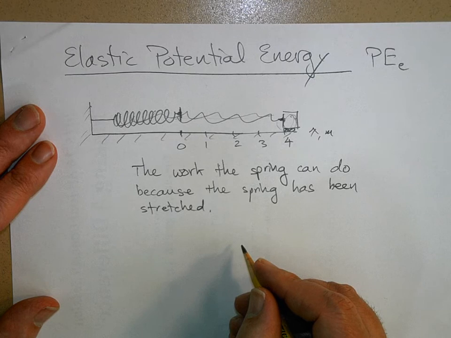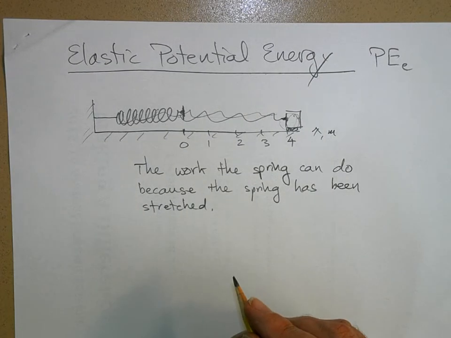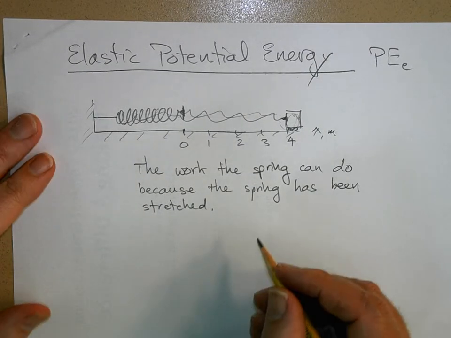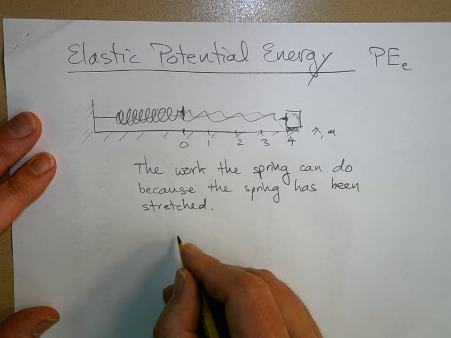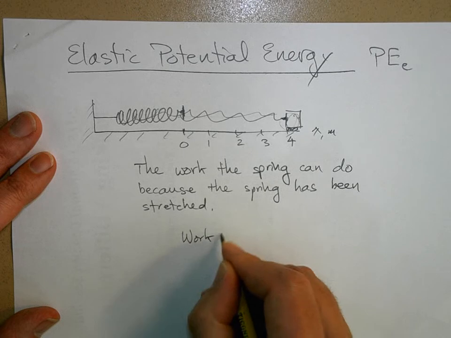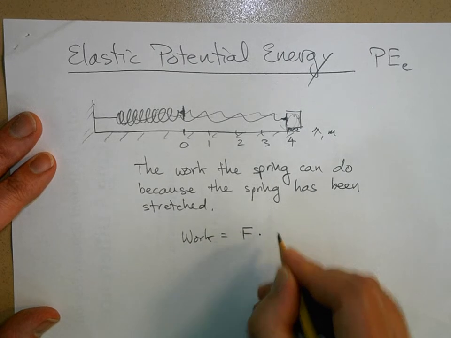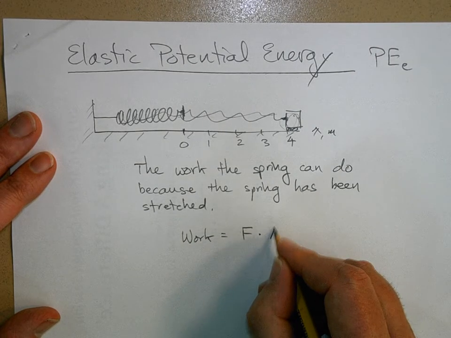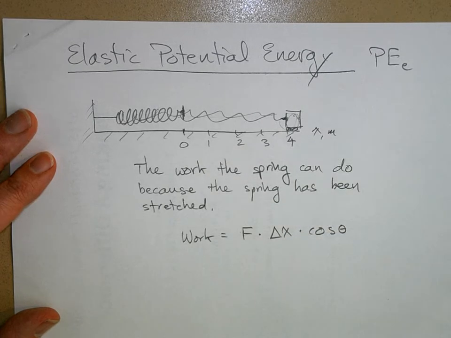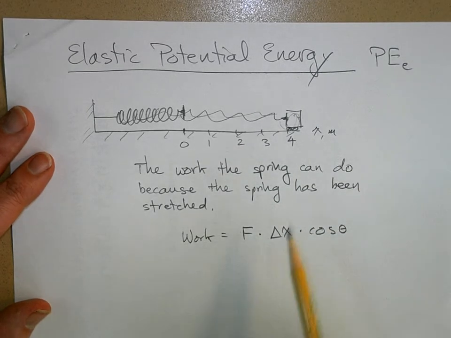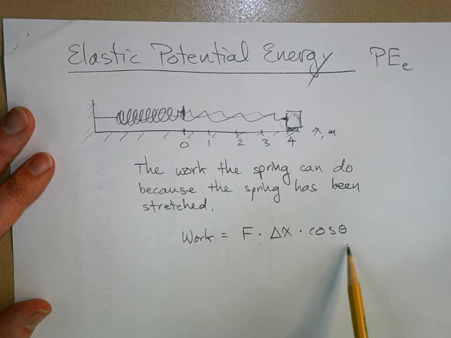Well, the force, so the work is equal to the force times displacement times the cosine. Wait a minute, something's wrong here. I mean, I can do this, but here's a problem.